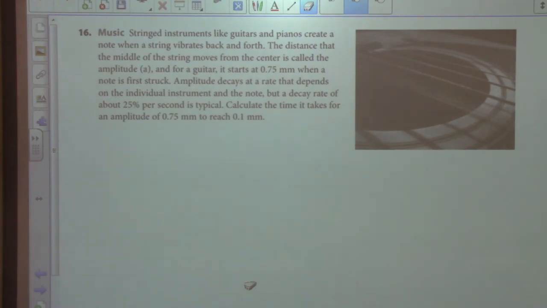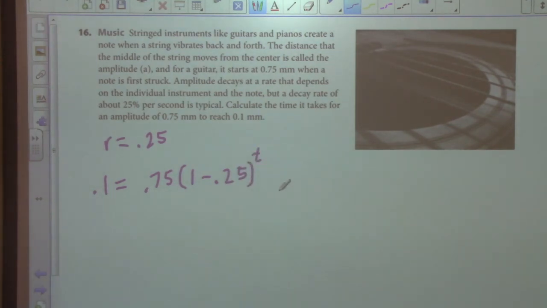R is 0.25. So R equals 0.25, okay? 0.1 equals 0.75 times parentheses, 1 minus 0.25, to the power of T. Write that again: 0.1 equals 0.75 times parentheses 0.75 to the power of T, and then you put it in the calculator.